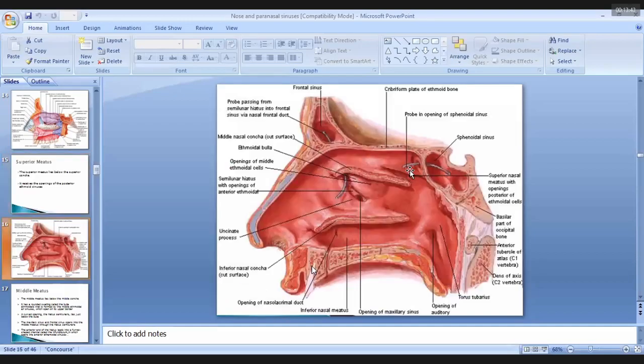In the superior meatus, at this level, there is an opening for the posterior ethmoidal sinuses.